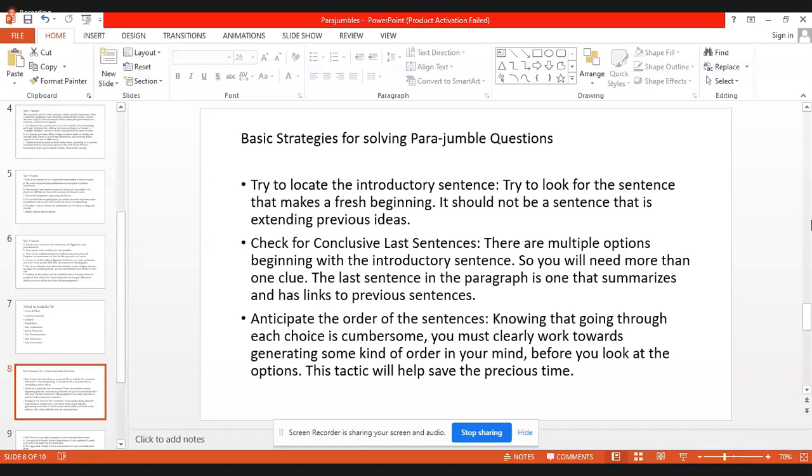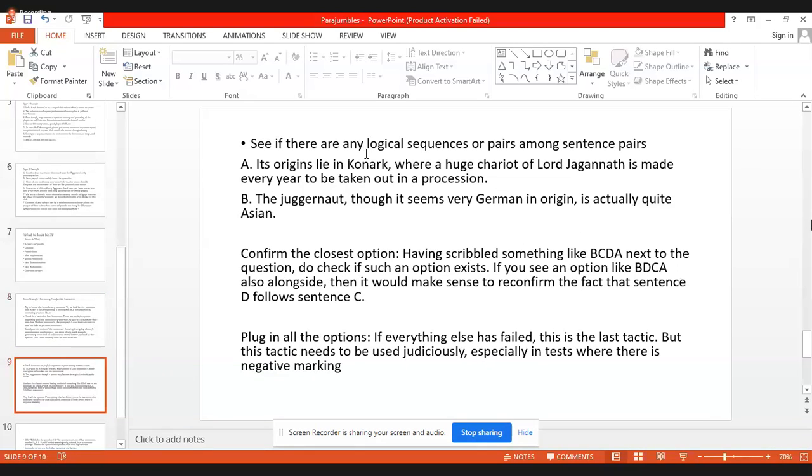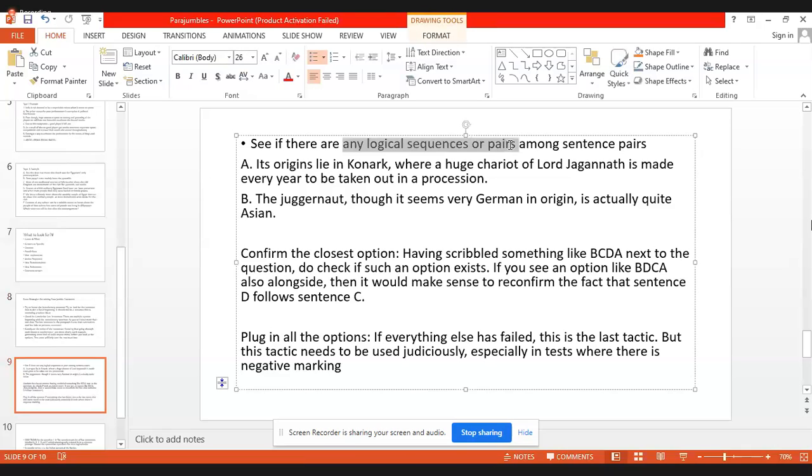Then students, you have to anticipate the order of the sentences. So I will tell you how to anticipate the order. Basically, students, you have to identify logical sequences. Students, this is very important. The mandatory pair that I told you, if you could identify certain sentences that you know for sure, these two sentences would come together.